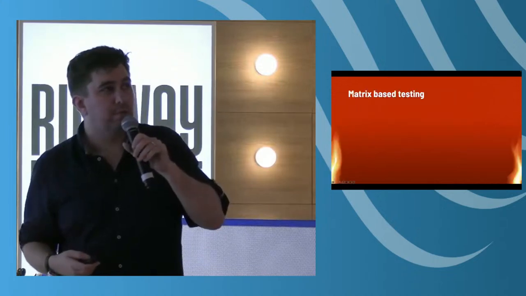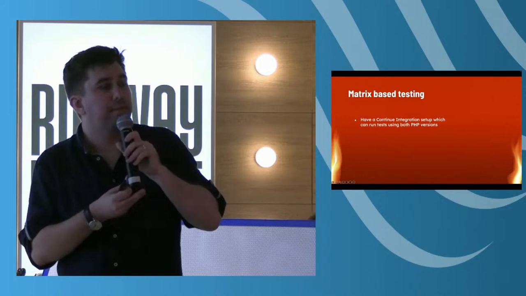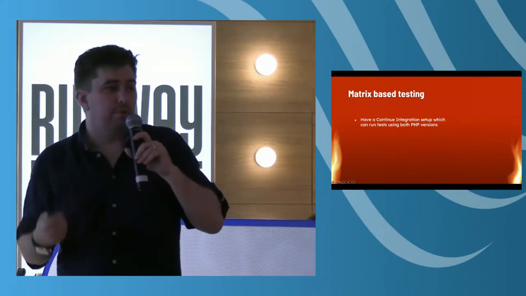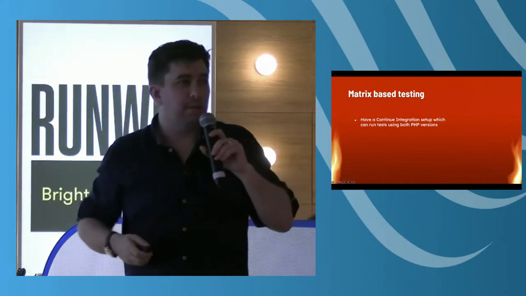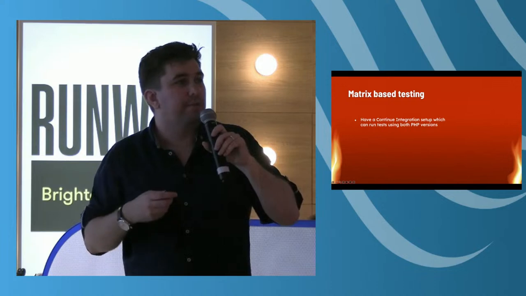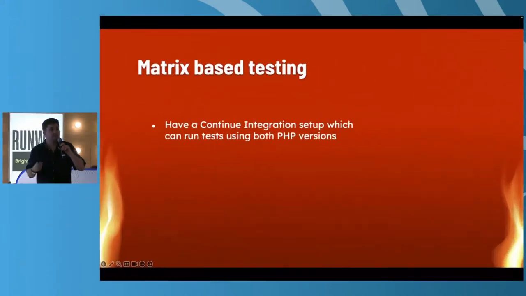So for example, we have matrix-based testing, where our continuous integration setup will effectively have both versions running. The idea of that is, for instance, at the moment we're running PHP 8.1, but we're about to switch over to 8.2.